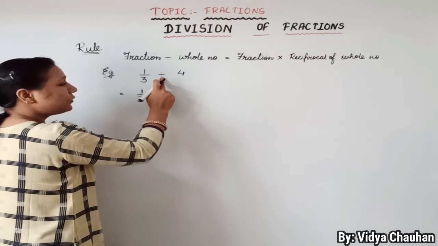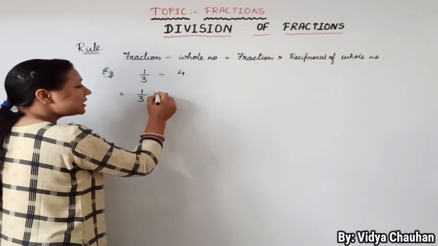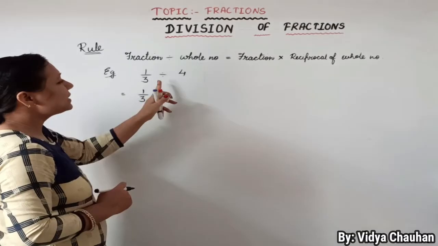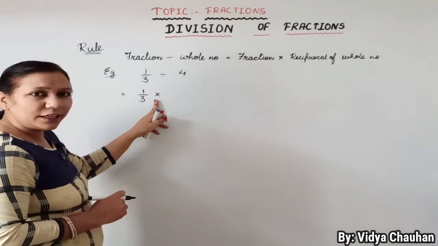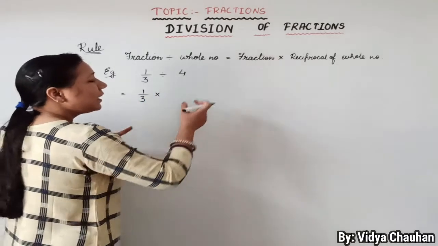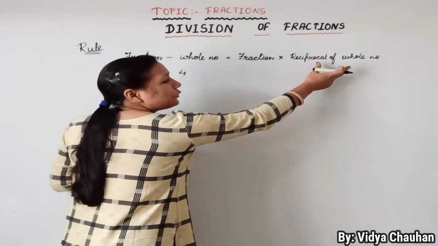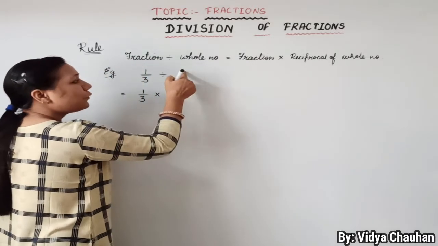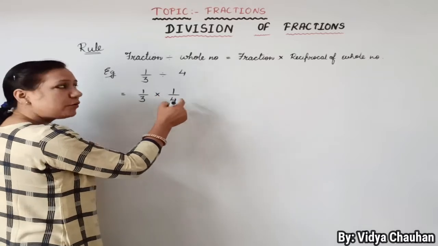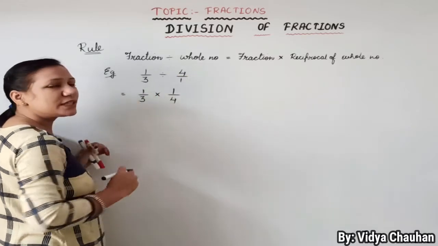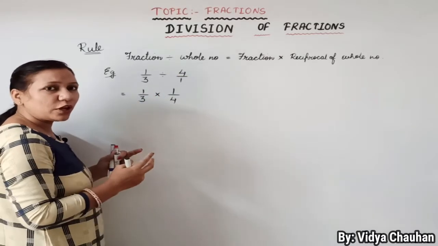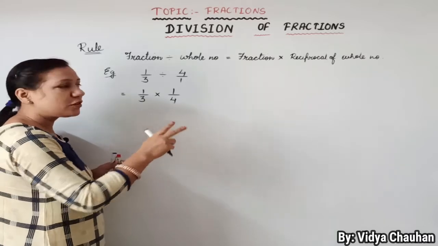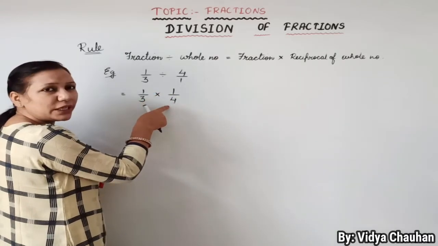Then I have to convert divide into multiplication, so I have replaced the sign of division by multiplication. After that, according to the rule, we have to take the reciprocal of the whole number. Reciprocal means 4 will become 1 upon 4. Why? Because this 4 is actually 4 upon 1. Reciprocal means interchange the place of numerator and denominator.